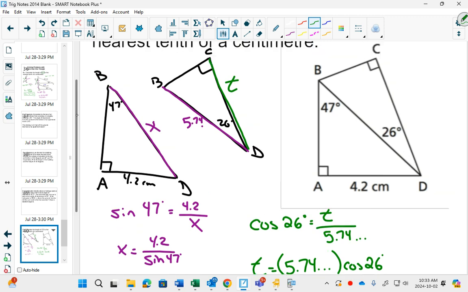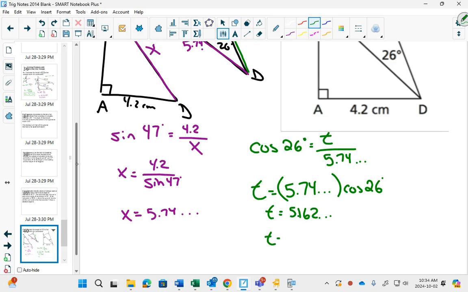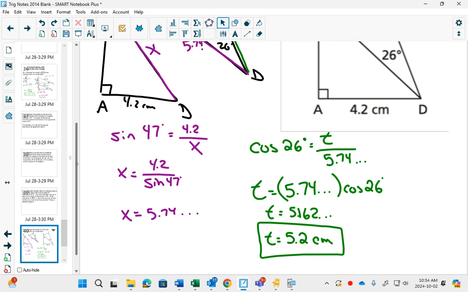How many decimal places do we want? To the nearest 10th. Square around your final answer. And we solved it.